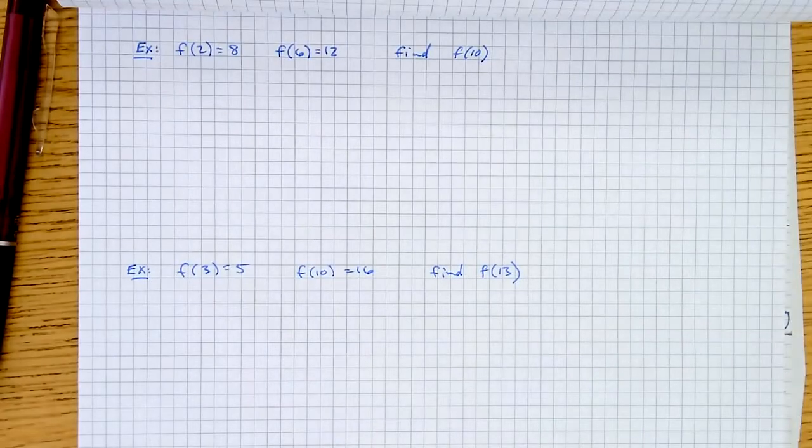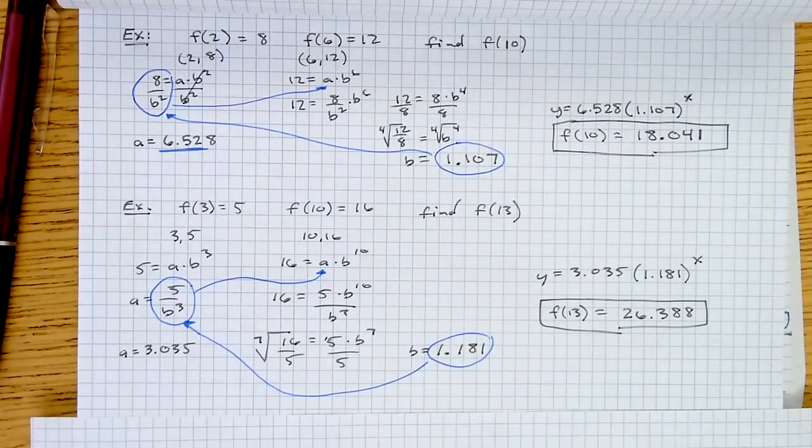All right, try these two examples on your own. Okay, exact same process. All right, so you can take a look at mine, about the board if you'd like. You seem to be on the right track. We'll start.